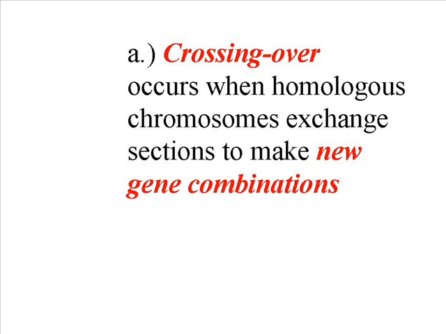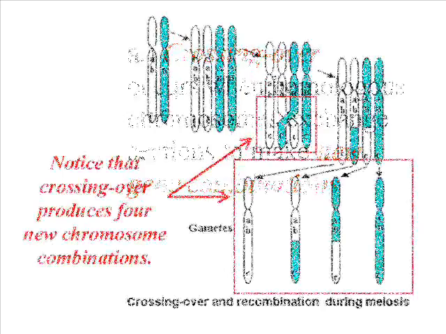Crossing over is this process by which pieces of the DNA from these homologous chromosomes will switch places. This only occurs during prophase 1, and what this allows is the beginning of the possibility for the cells to increase their diversity.